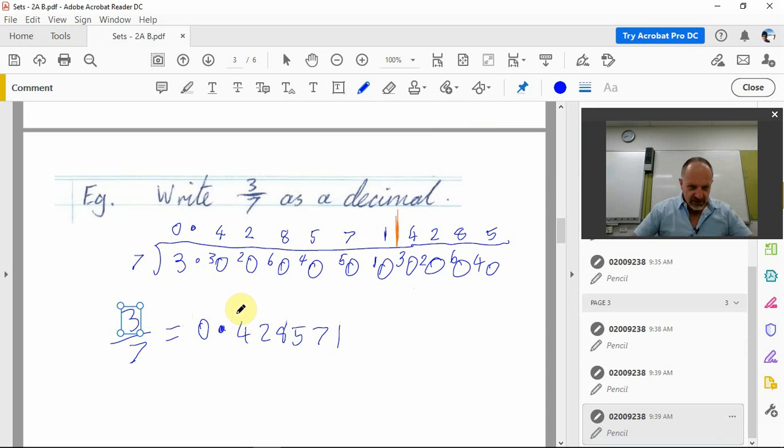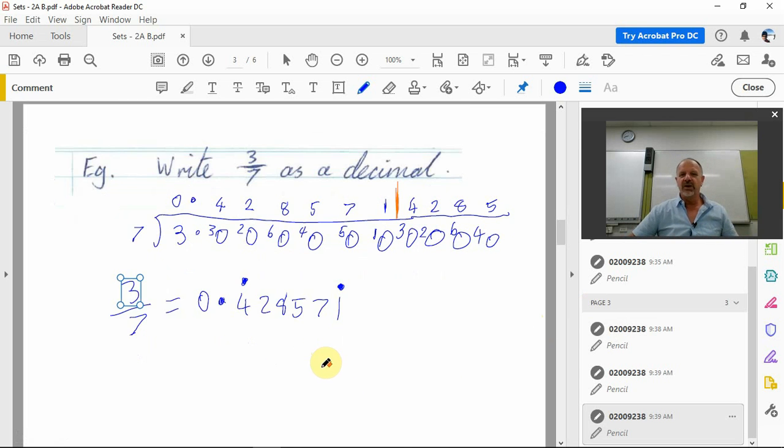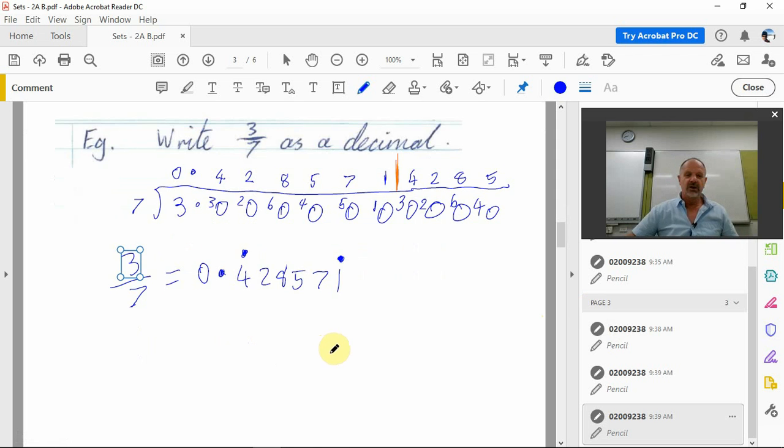So to symbolise that they start to repeat, we put dots above the first and last of that group. And what that indicates is that that group's going to keep repeating. So again, that's something that you need to be aware of and something that we'll be working on.